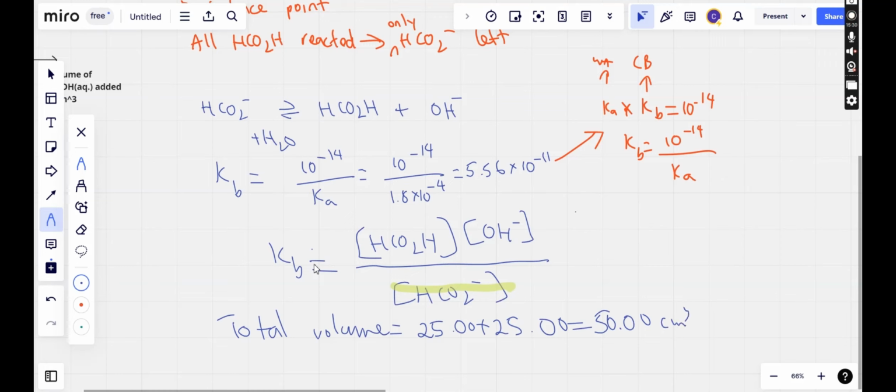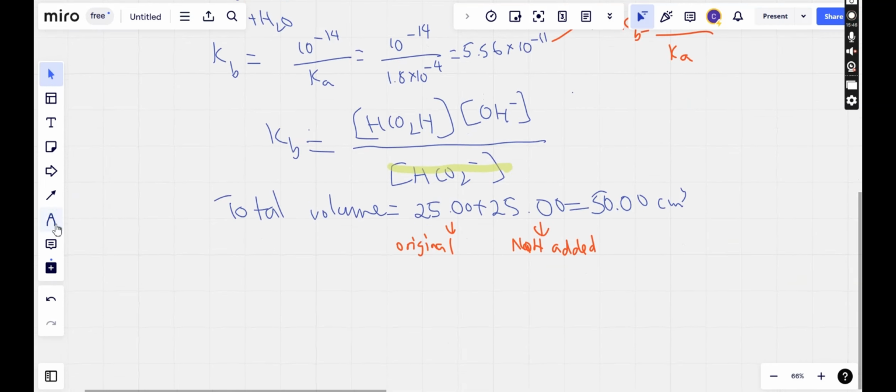So this 25 is the original solution, and this is the NaOH added, right? So your concentration of your, okay, let's do it step by step instead of skipping.